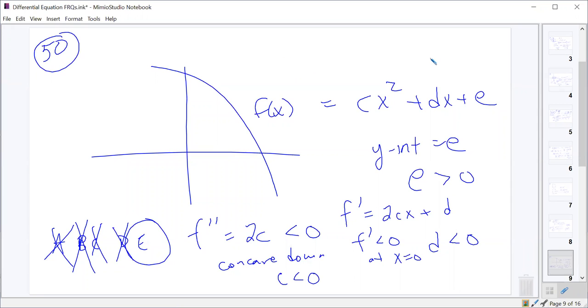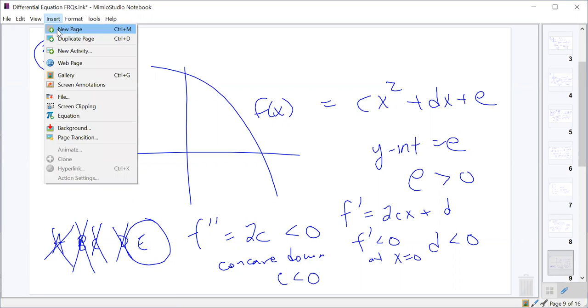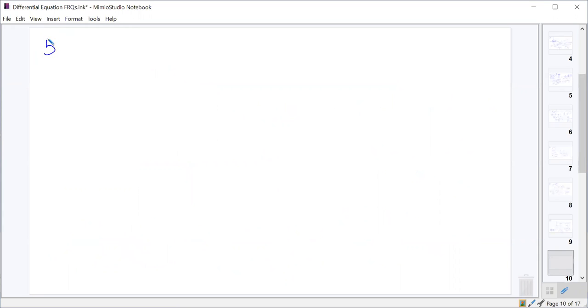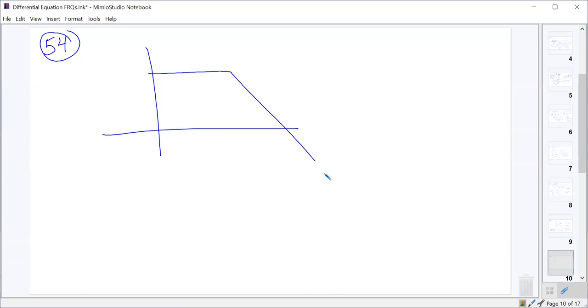All right, next one, I got a couple more here. 54. So 54 gives us a graph that looks like this, and it's called f prime.